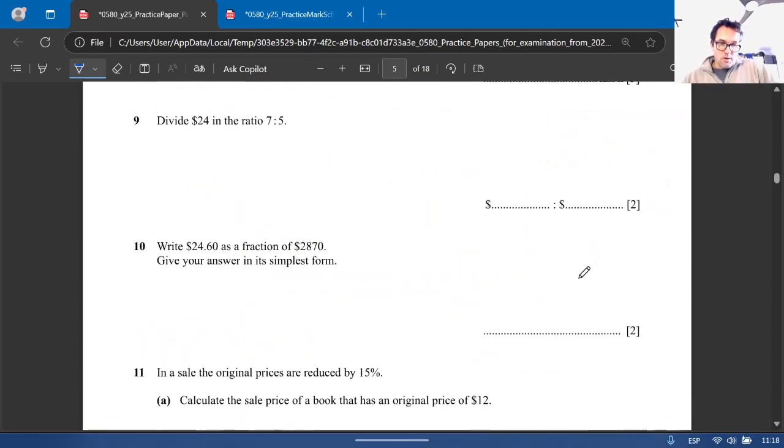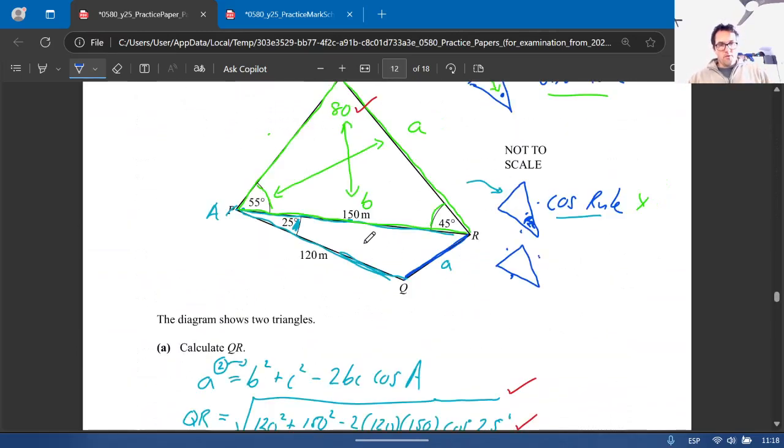Going back to our question, for the first triangle, triangle PQR, we have this angle and the two sides.